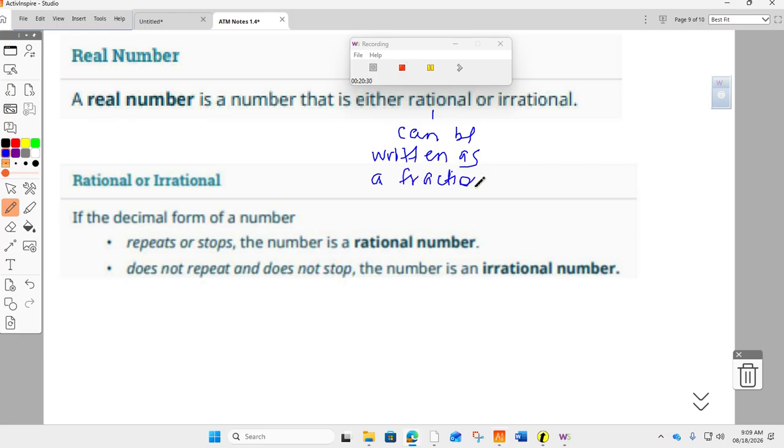An irrational number cannot. If you evaluate a value and the decimal is terminating or it repeats, then we could say it's a rational number. If it's an irrational number, you evaluate it in your calculator, it's going to be a non-repeating, non-terminating decimal.